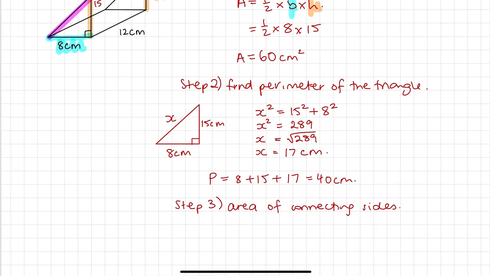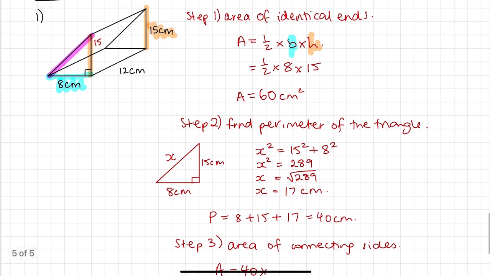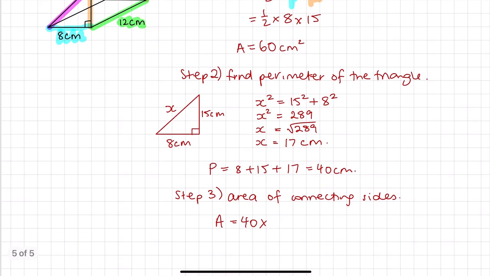And to do this, you got to times by the depth. So the area equals 40 times the depth, which is, I'll change the color to green, which is this section here, which is 12. So how far back it's going. Okay, so 40 times 12 equals 480 centimeters squared.